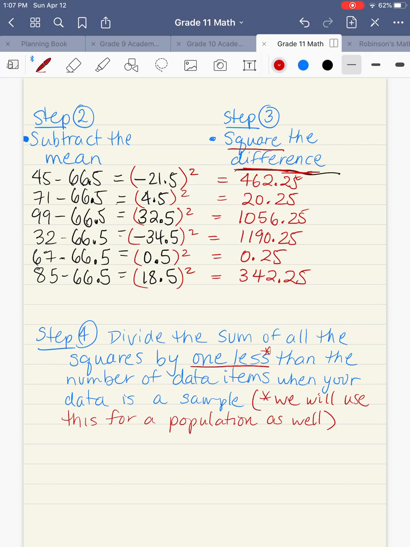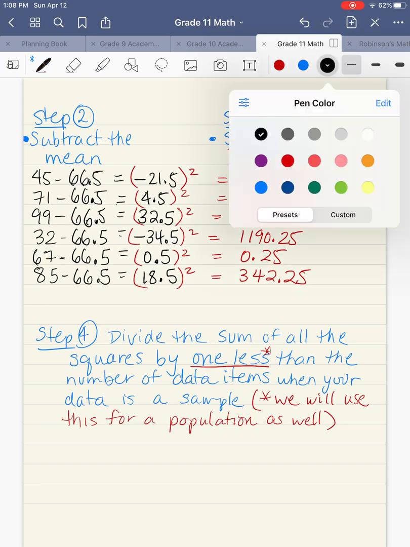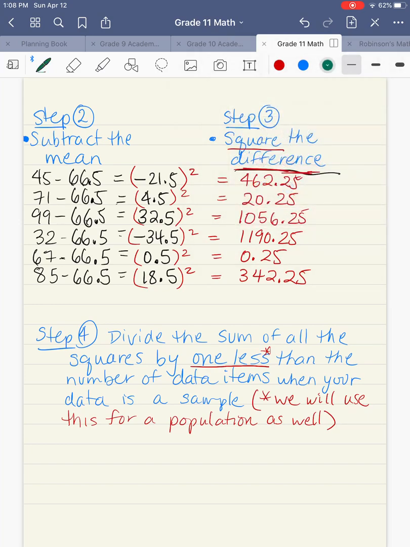Step 4 is to divide the sum of all of the squares by 1 less than the number of data items, and this is when your data is a sample. So we're going to get into this a little bit more in 1 second, but let's just do the sum. So we need to get the sum, and I'm just going to do it right up here instead of rewriting anything.